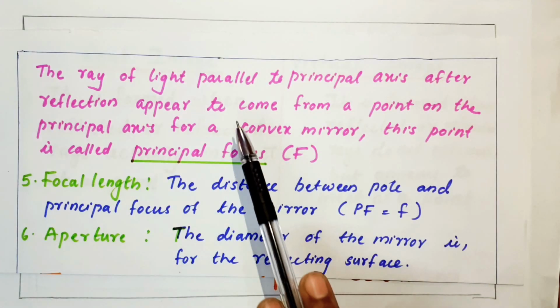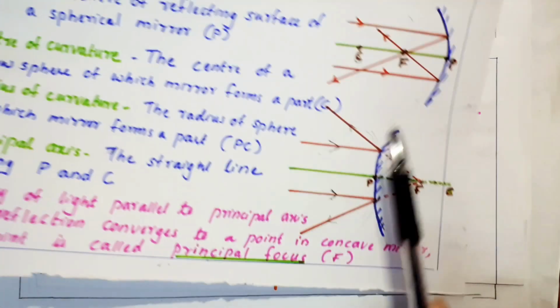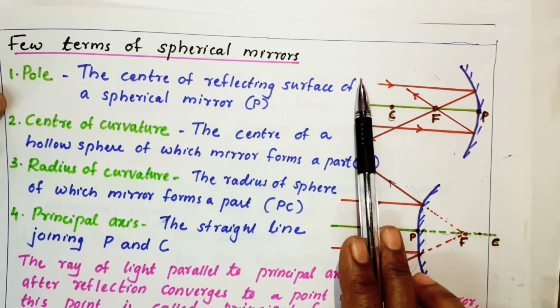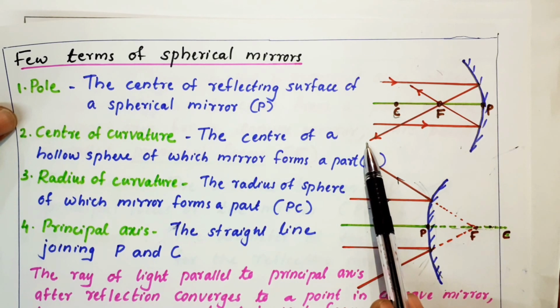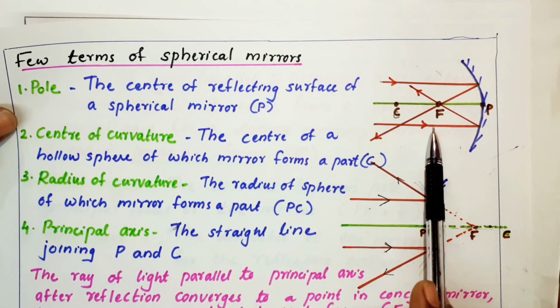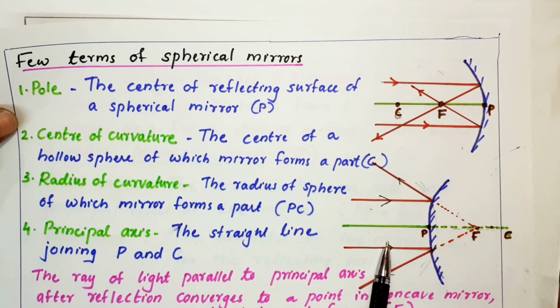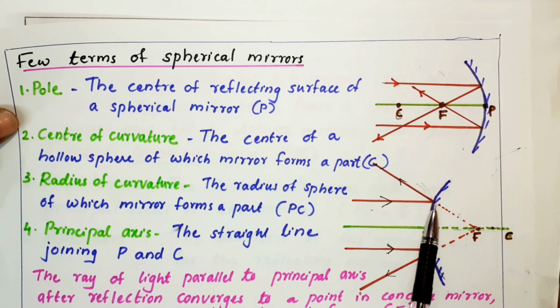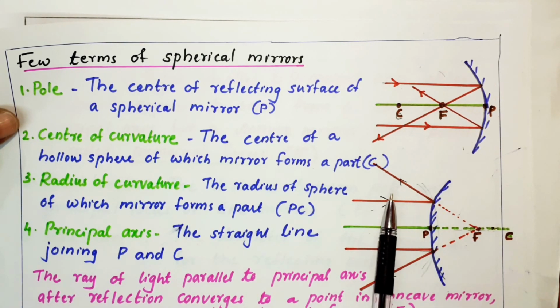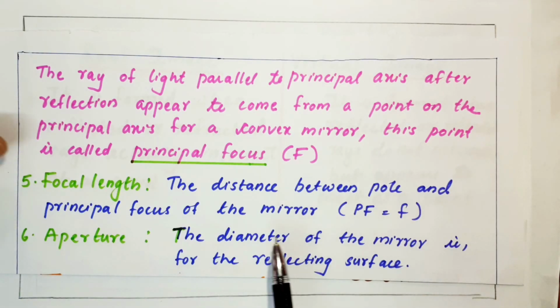Next, principal focus is the point where a light ray parallel to principal axis appears to converge, called the principal focus of a concave mirror. But for a convex mirror, the light ray going parallel to principal axis appears to come from a point called principal focus. Okay.